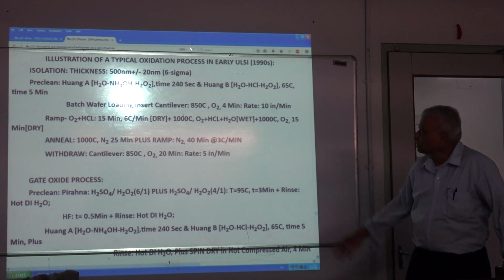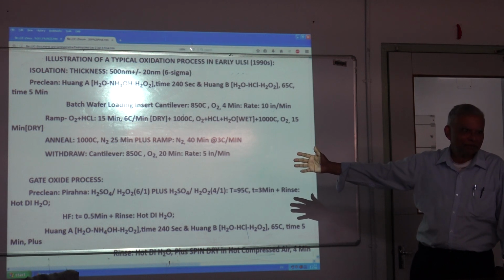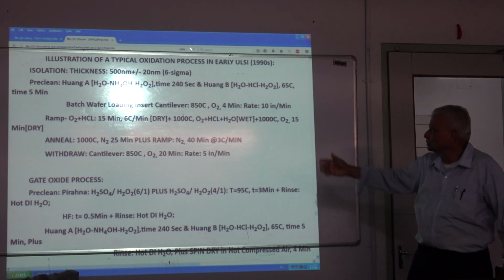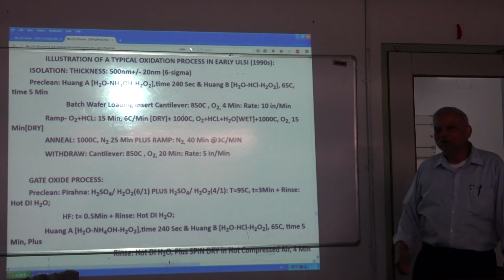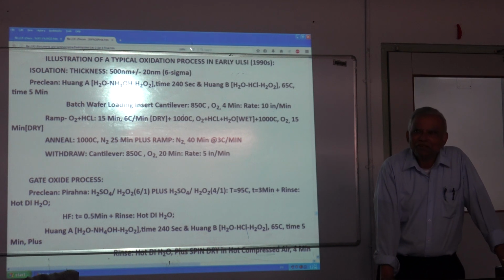I will give you a real example of how things were done back in those time frames, and then you have to model it and come out with the answers: what this precise process yields. This is a test of your modeling, a test of how good these models really are.